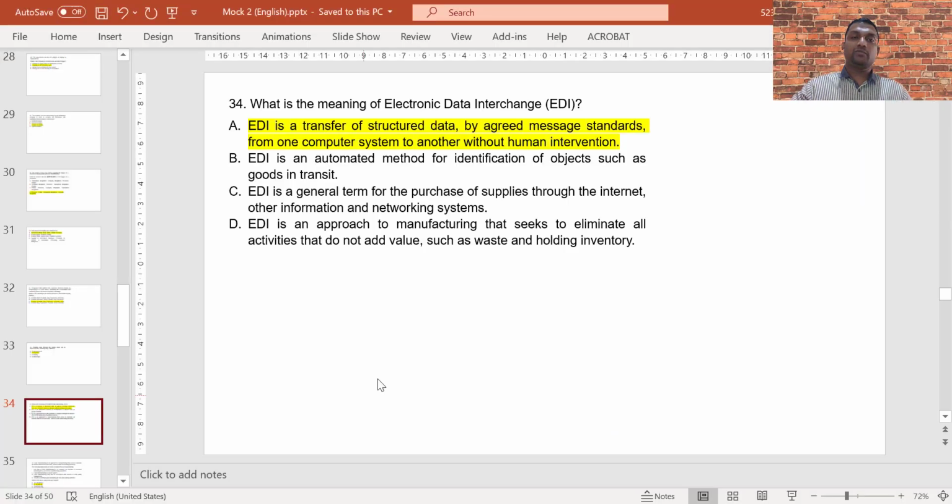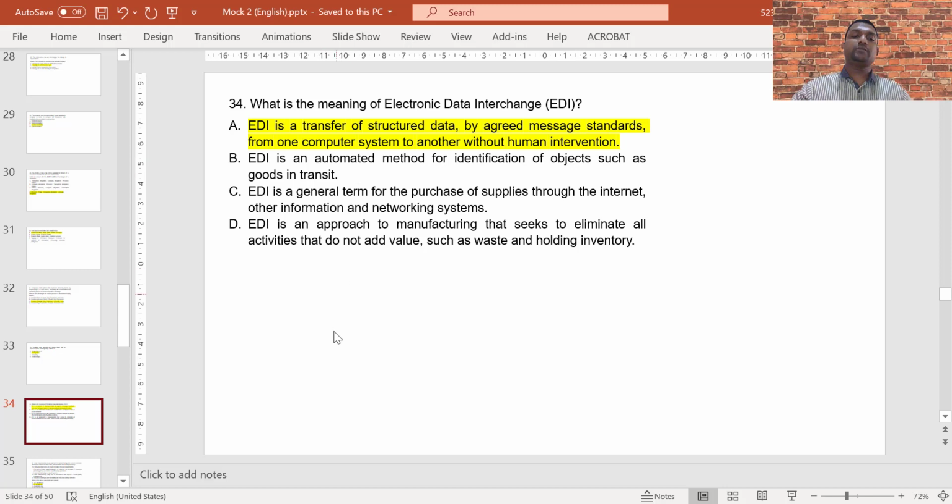So if we go back to the question, EDI is explained. Let's read all four answers. EDI is a transfer of structured data by agreed message standards from one computer system to another without human intervention. Okay. EDI is an automated method for identification of objects such as goods in transit.